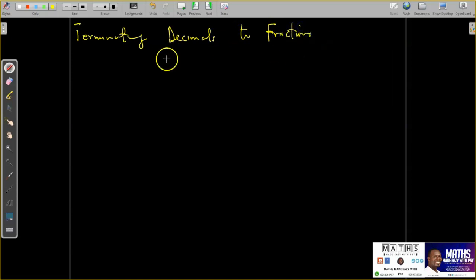So this is what we're going to do right now. Then after which, the section that is going to take much of our time is when you are looking at recurring decimals to fractions. So let us move on.